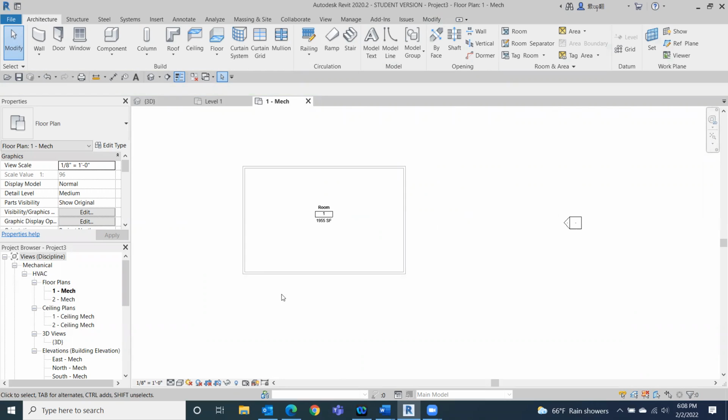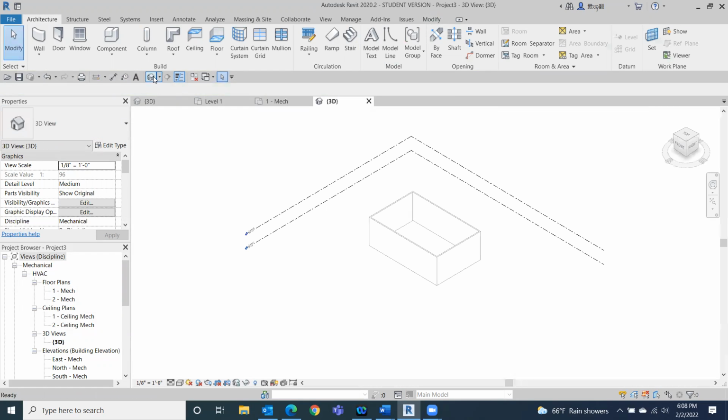Amazing. So any other issues, guys? Y'all doing okay? Yeah, so when I went to look at the 3D view of it, it wouldn't show it realistic. It would just show it in the frame like that. Yes, great catch. It's not going to show in realistic in this view in mechanical, because when we start laying out our ducts, you're going to see why it does that.